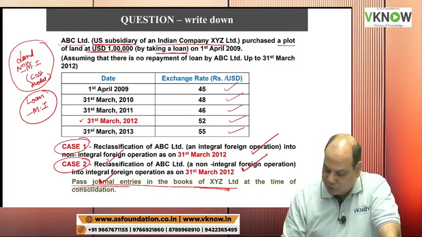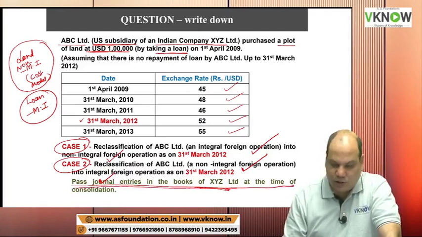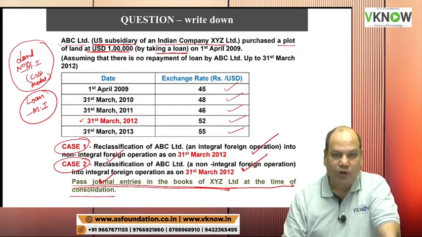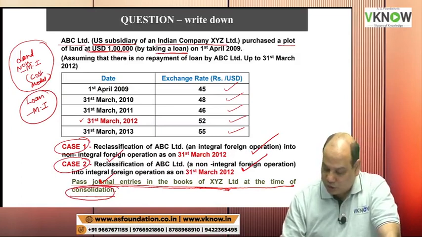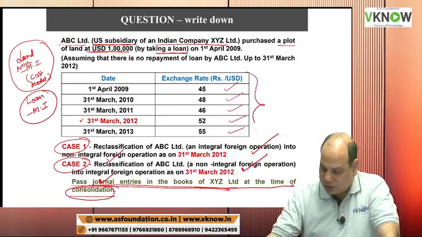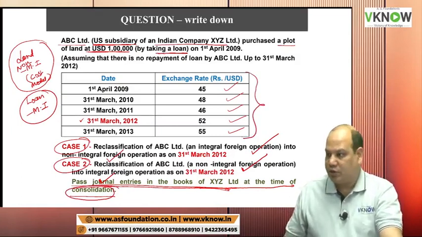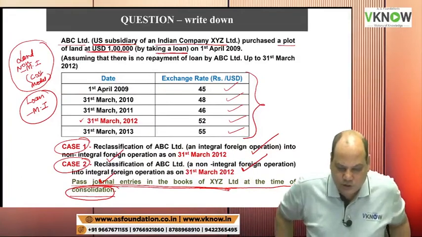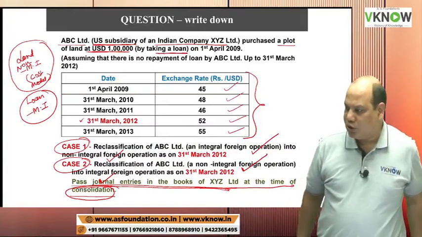Don't worry, this won't affect the consolidation process. We only have to pass entries related to this transaction. We are not going to prepare any consolidated financial statement today. So enjoy.